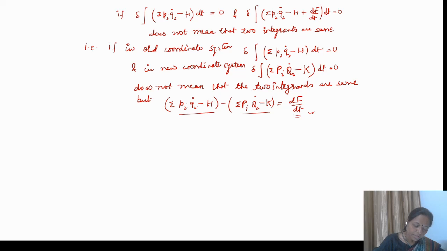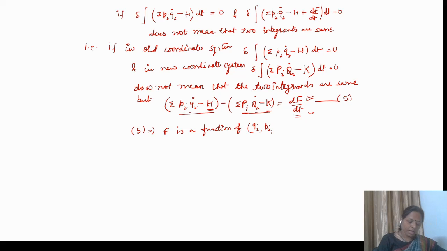So this is an expression which says that H is a function of small p and q, so it is a function of q, p, and K is a function of capital Q and capital P and maybe of time.